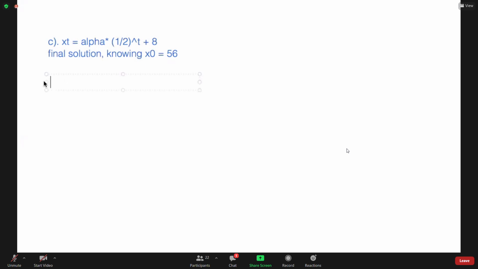Let's see how. So I know that x0 is equal to 56 means that 56 will be equal to alpha, which I have to find out, multiplied by 1 divided by 2 to the power of t. What is t? T is my index for my x, for my position. What position is this x on? Position 0.